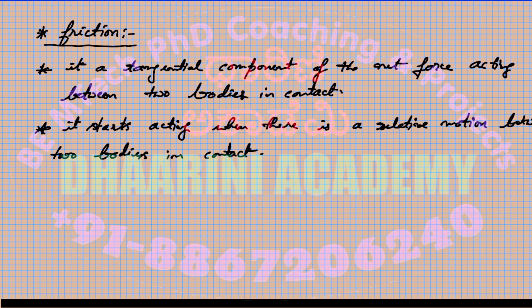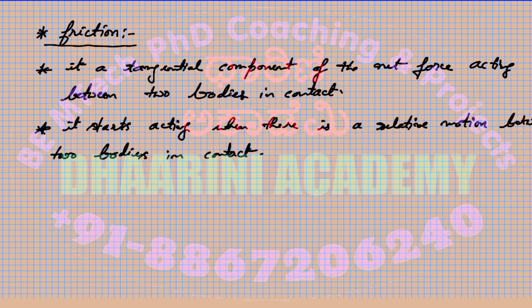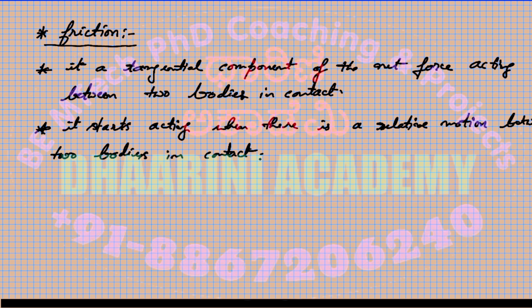So when they are in contact and they tend to move, friction comes into the picture, which tries to stop the relative motion.